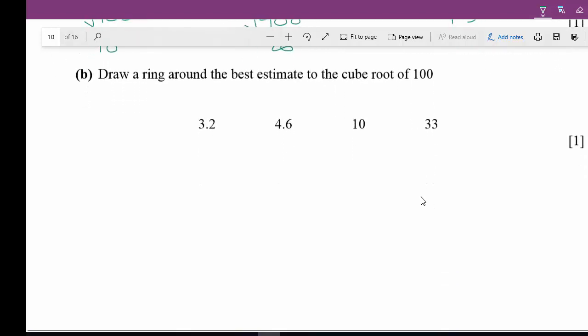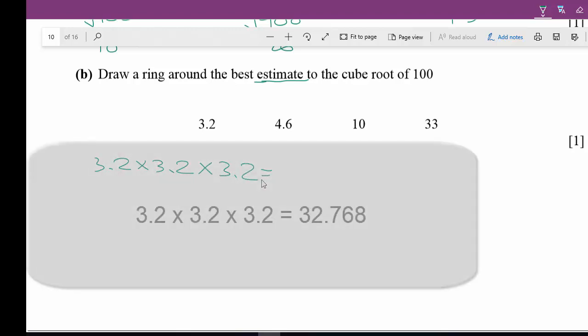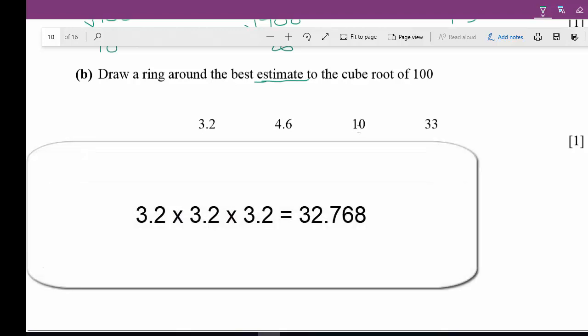Cube root means if you multiply any of these numbers by itself 3 times, you have to get something close to 100, since the question says estimation. 3.2 times 3.2 times 3.2 is not equal to 10 times 10 times 10, which would be 1000, so it's not the correct answer. 33 times 33 will be way bigger than 100, and 32.70 is also not close to 100.